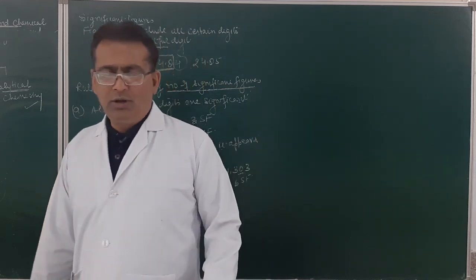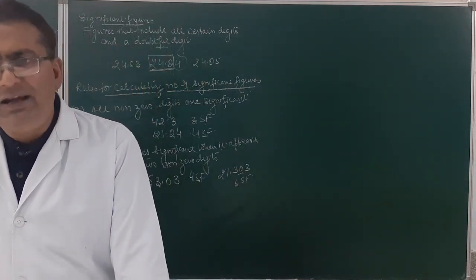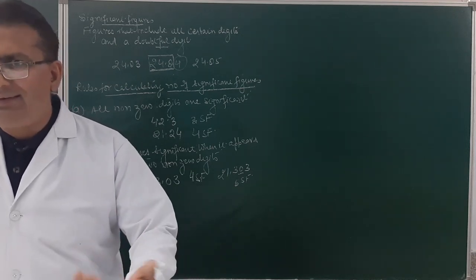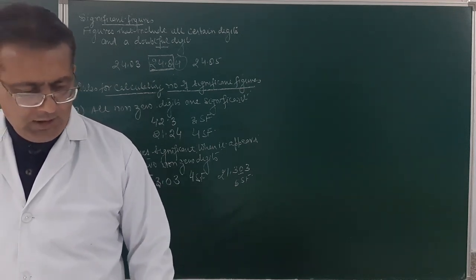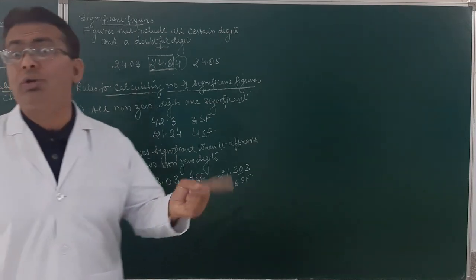Am I clear? Now one more thing, student. Leading zeros, meaning zeros written to the left of the number, are never counted as significant figures, even if they are written to the right of the decimal.